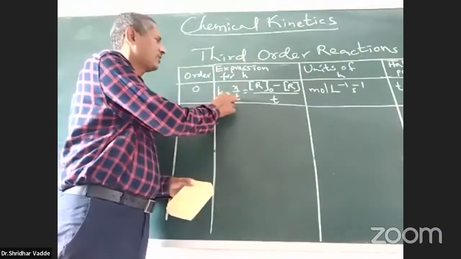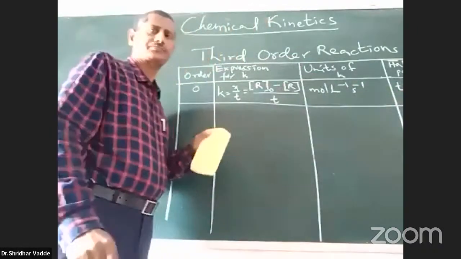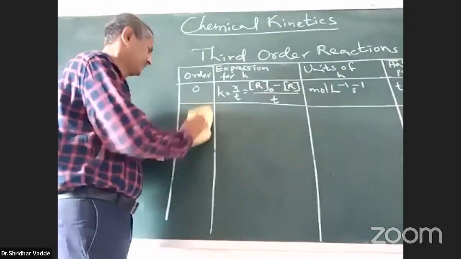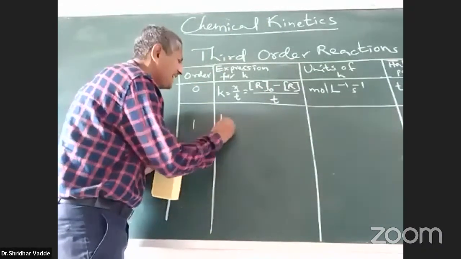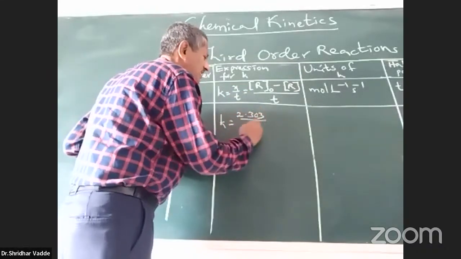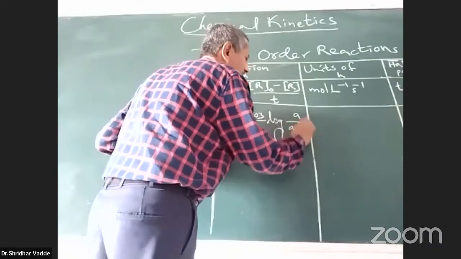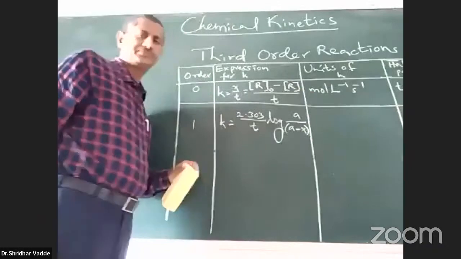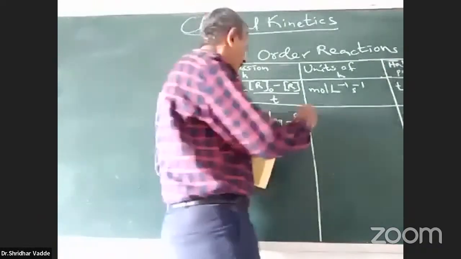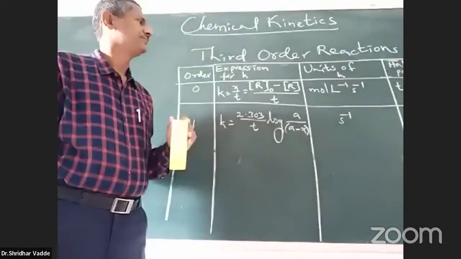And if you take first order reactions, K is given by 2.303 by T log A by A minus X. What are the units of this one? Simply second inverse.